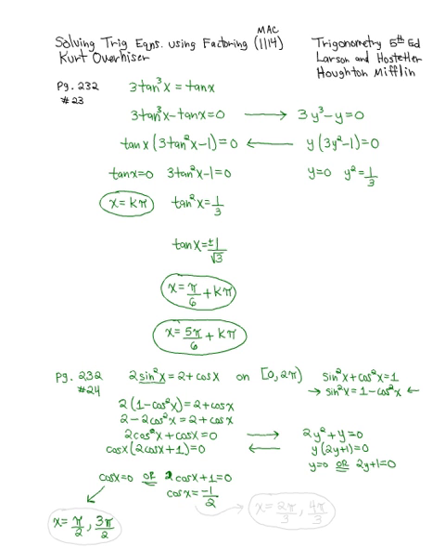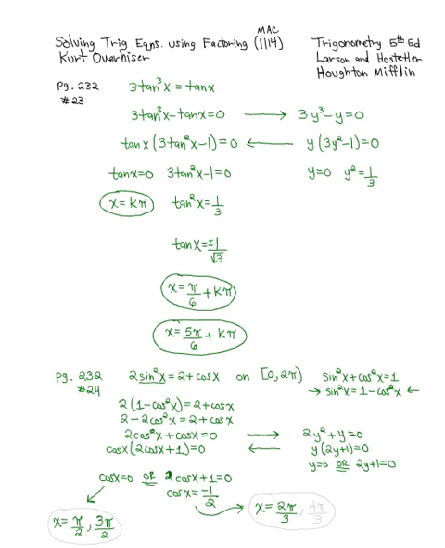And then for the second factor, the cosine of x equals negative 1/2, the cosine is negative in quadrants 2 and 3. And so we're going to get 2 answers for that. We're going to get x is equal to 2 pi divided by 3, because the reference angle here is going to be 60 degrees.